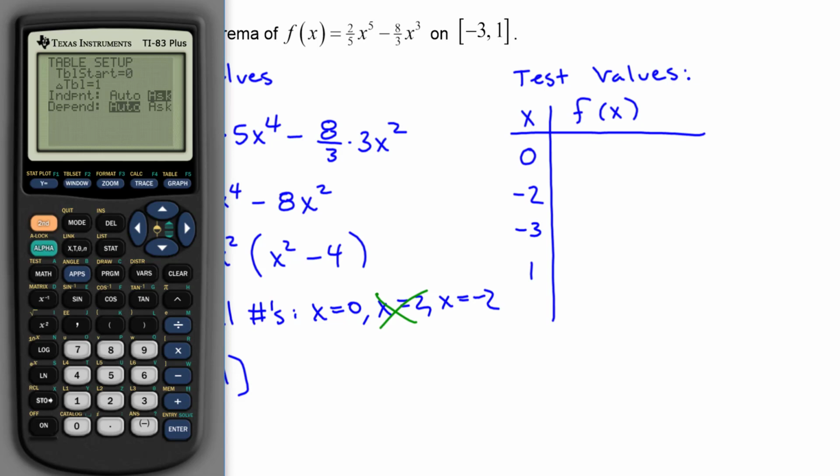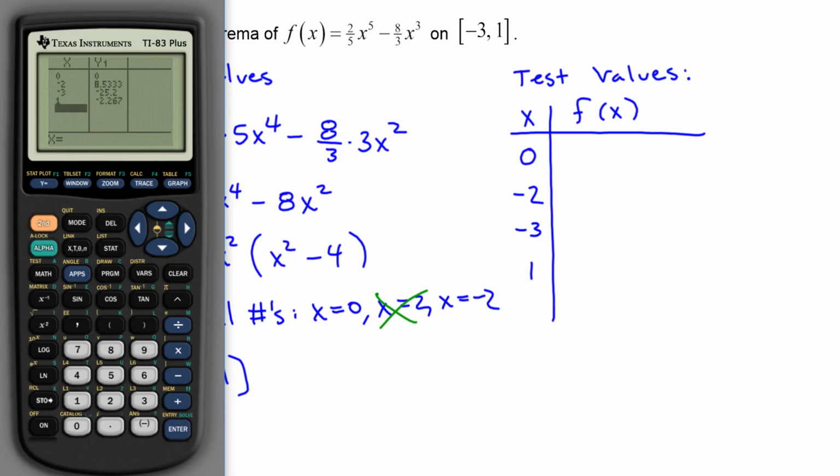And we'll go into the table, so second and graph. It looks like I already have some points in here that are being evaluated. I'll just get rid of those by hitting delete. I want to evaluate my function at 0, at -2, at -3, and 1.